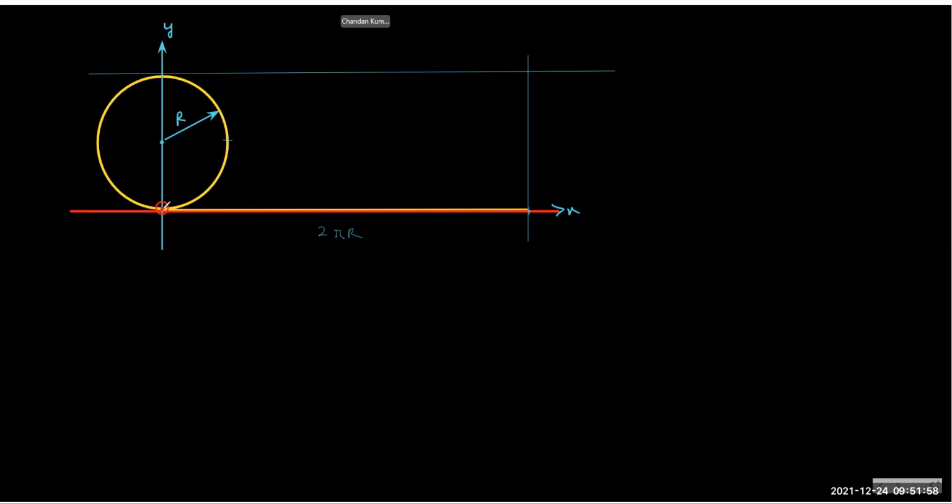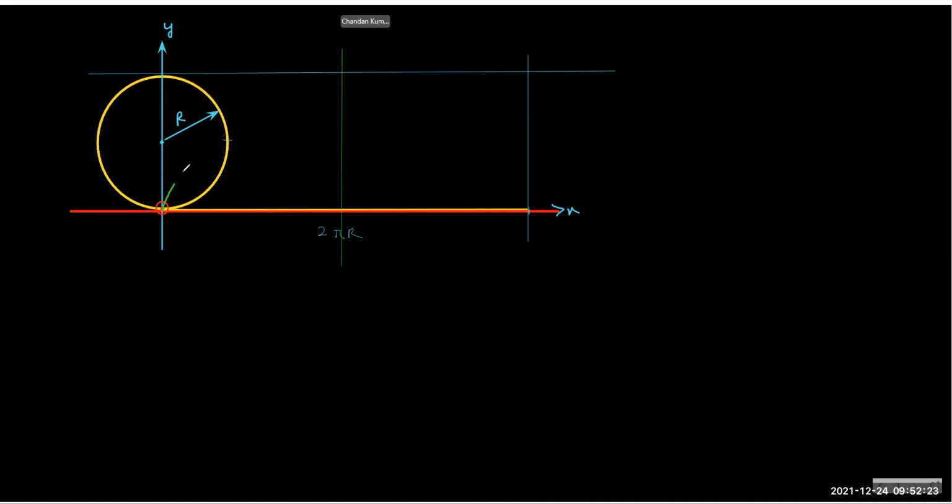It goes upward actually. It goes to the top, and maybe I need to do it from the center. So now it starts from rest.